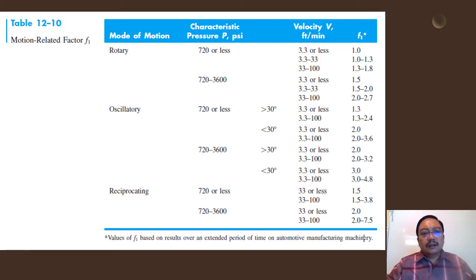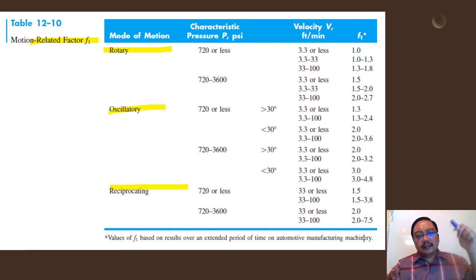So this is the motion-related factor for rotary, for oscillatory, and for reciprocating. Reciprocating is like that, oscillatory is like this, the sinusoidal graph, and rotary is like this.